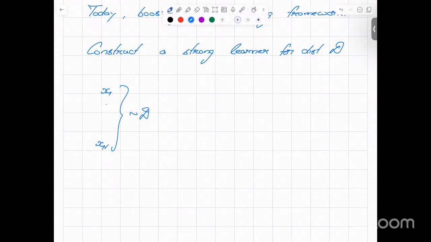And we also have the labels of this sample. I'm going to come up with an algorithm that will correctly label this on all but a gamma fraction of points. Of course, there's an easy way to do it. I have the samples with me, I can put them in a truth table.